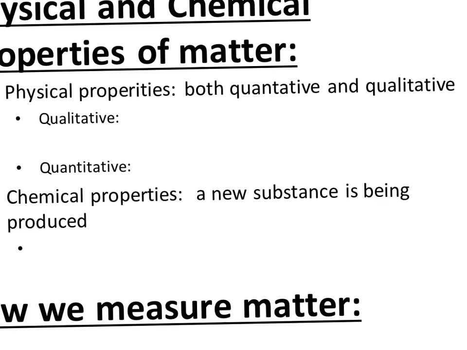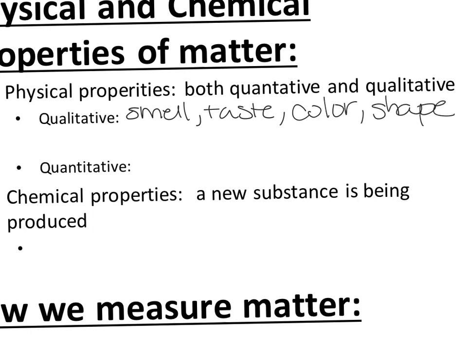Qualitative properties are things like the smell, the taste, the color, the shape. We could also be talking about the appearance, or even the texture.